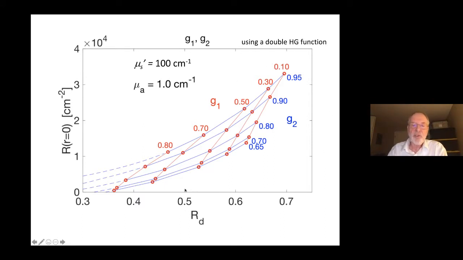So now, if I was to make a measurement of diffuse light that was 50%, but my reflectance was maybe 0.3 times 10 to the 4th per centimeter squared, I'd be here.